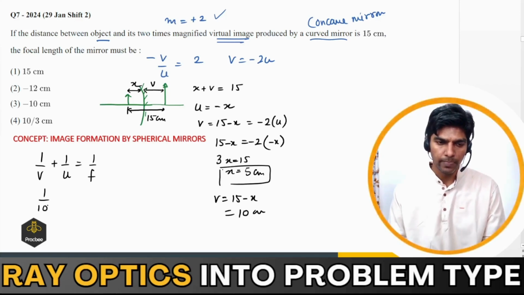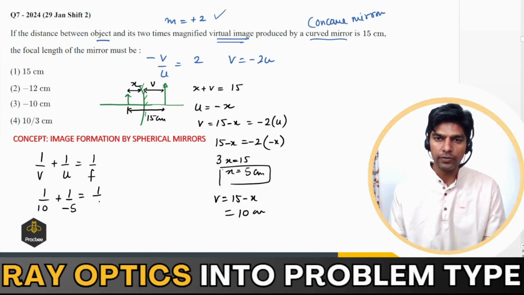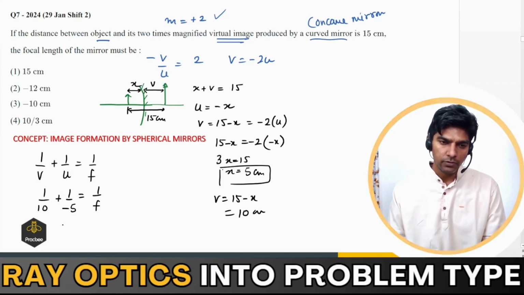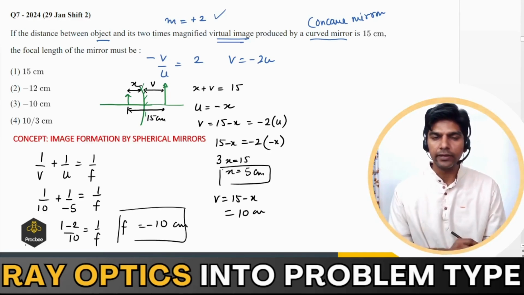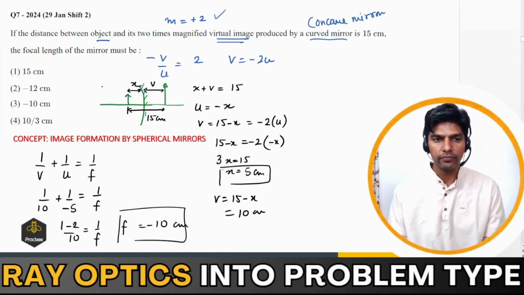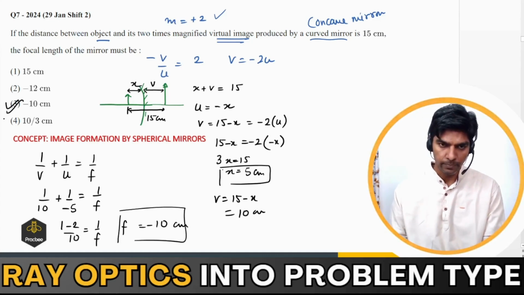So 1 by 10 plus 1 by minus 5, which is u equals minus x. So 1 minus 2 by 10, so f comes out to be minus 10 centimeter. Since we are getting negative focal length, we can say it's a concave mirror. So the answer is minus 10. So option 3 is the right answer.